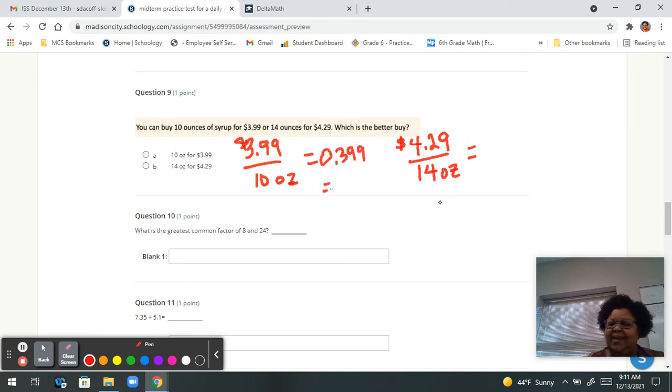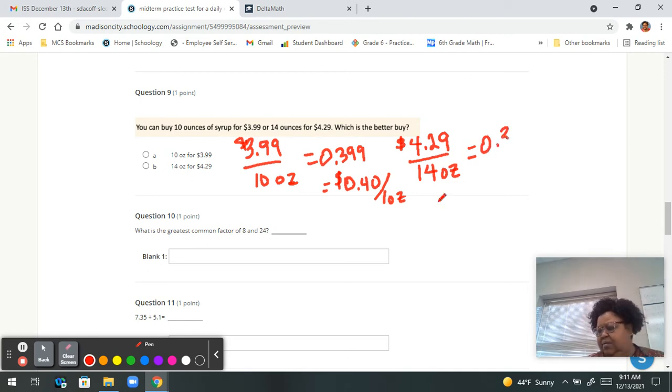0.399. But remember, our answer has to make sense. And this is money. So we won't say I have 0.399 cents. We'll say we have 40 cents. So it's got to be 40 cents per 1 ounce. And then let's do this one. And that is, it came out to 0.306, but we have to round that one because we can't have 0.306 cents.